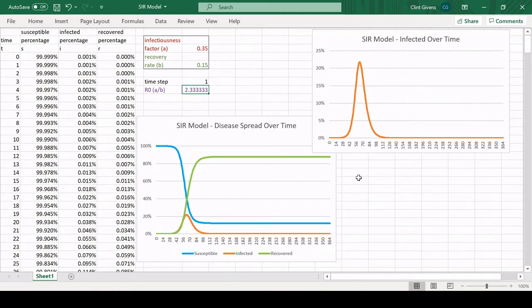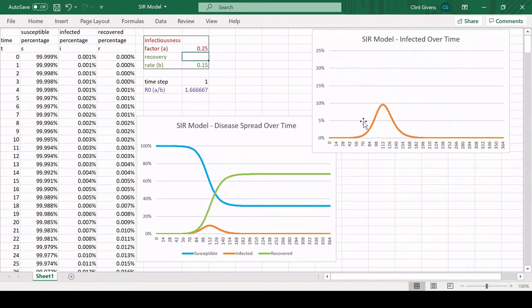for this particular outbreak. So if we want to flatten that curve, then we could take public health measures like vigorous hand washing and social distancing, and maybe the infectiousness factor goes down from 0.35 to 0.25 if we're very effective.